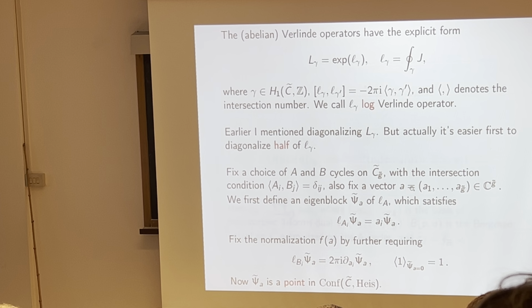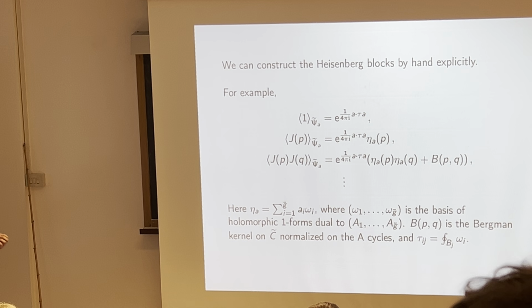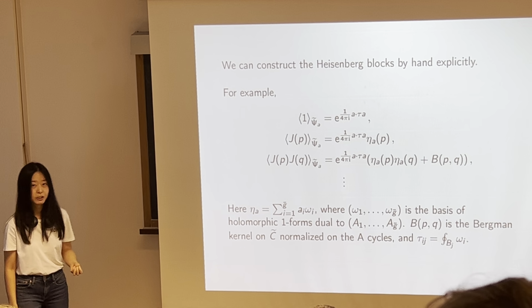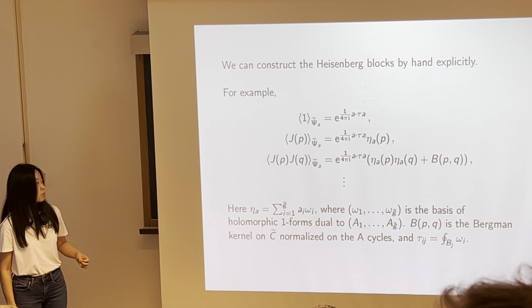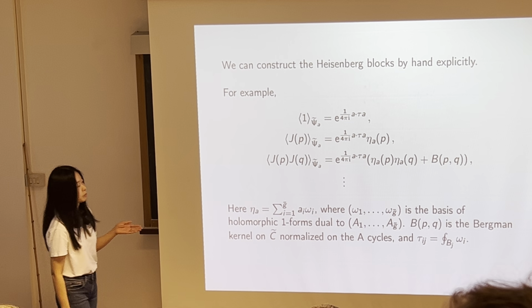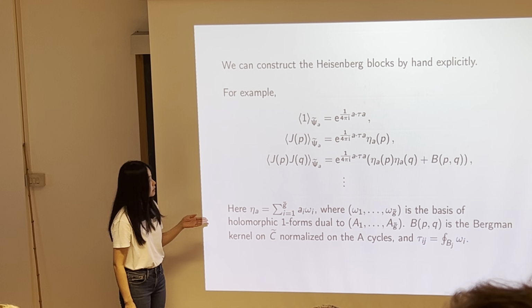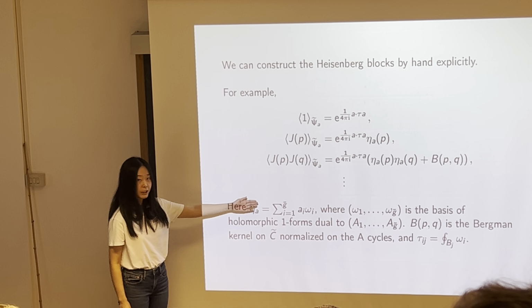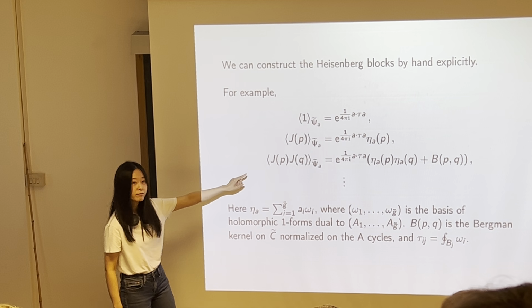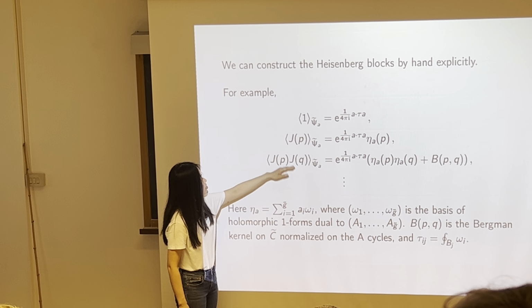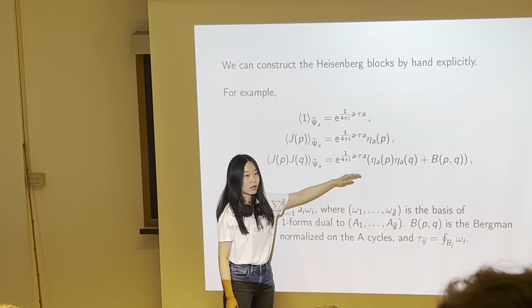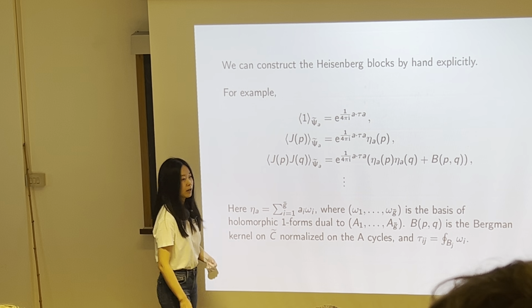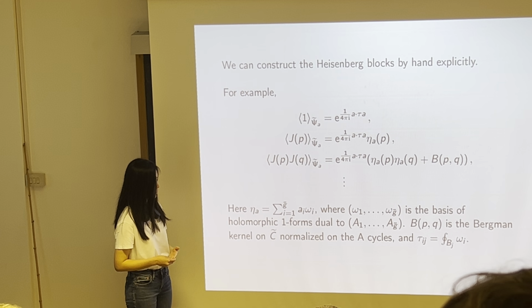Okay, so now we have a way to specify a point in this infinite dimensional vector space. And now I'm going to show you some examples of what those conformal blocks are. Here I'm taking the example where C is non-punctured. For the psi tilde A we just talked about, the first several n-point functions just have this explicit expression where all the quantities appearing here are from the Riemann surface.